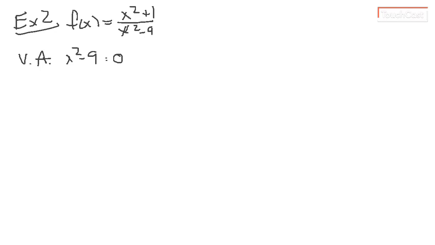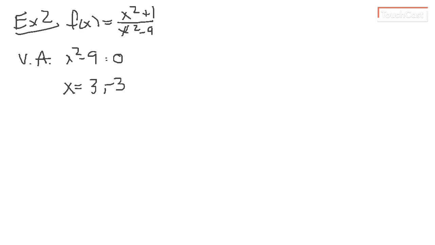You can factor this, it's a difference of squares, or you can add 9 and take the square root. Either way, you get the same answer. You're going to get x is 3 and negative 3. So we've got vertical asymptotes at x equals 3 and at x equals negative 3. Those are also discontinuities in the graph.